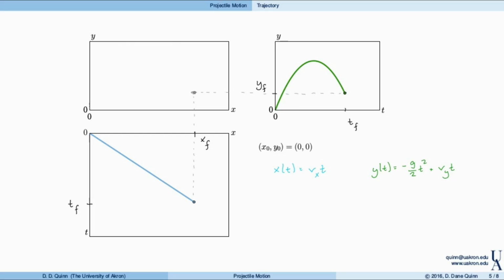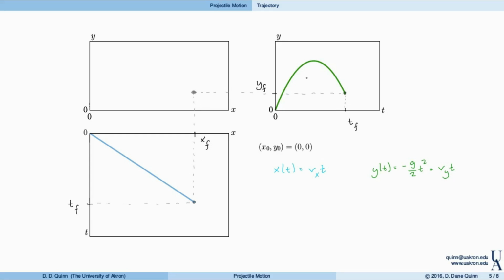And so at the final instance, t final, the particle must be here at this point, which corresponds to x final and y final. Right, so basically at the final time, we can move x into this plot, and at the final time, we can move y into this plot.